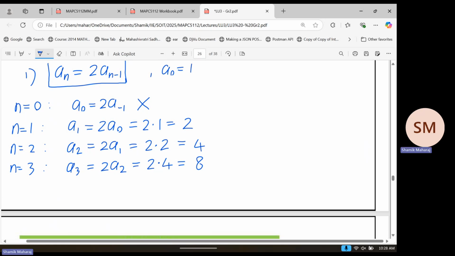Okay, so these are the elements of the sequence. If we wanted to, we could write them out in the way we did before, which is A with a double dot, and then just write the elements here. A0 is 1, A1 is 2, then 4, then 8, and so on. And so we could do that as well.